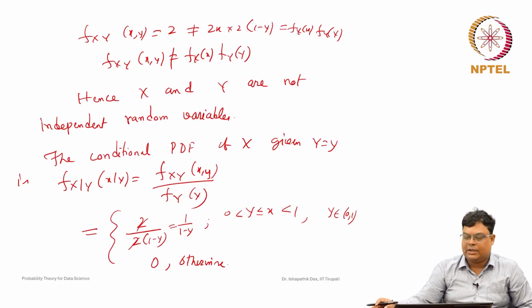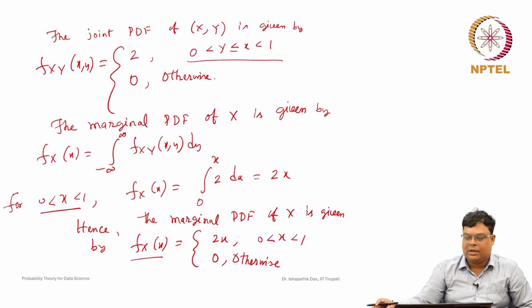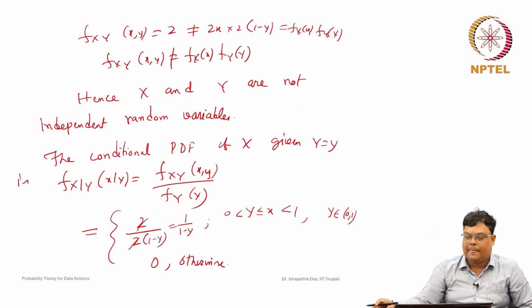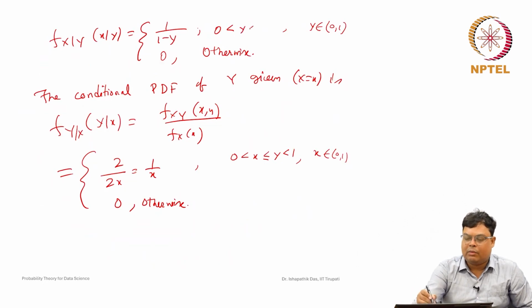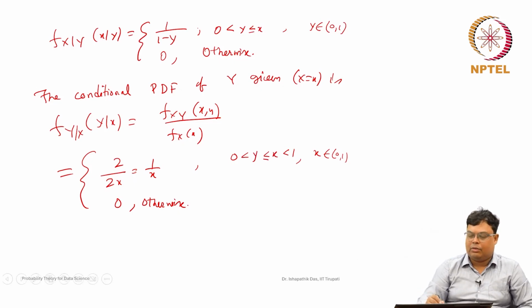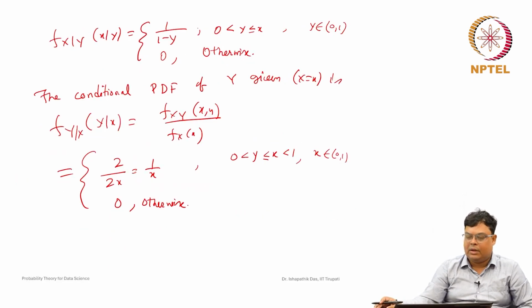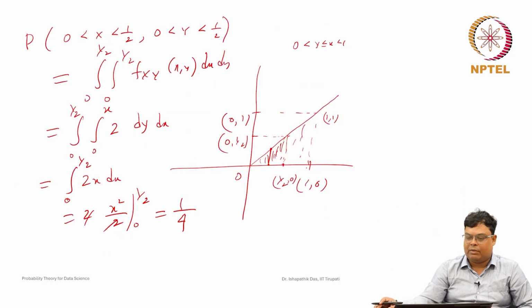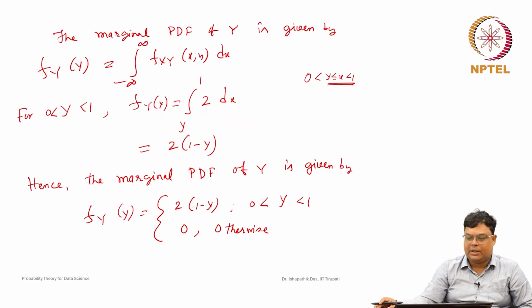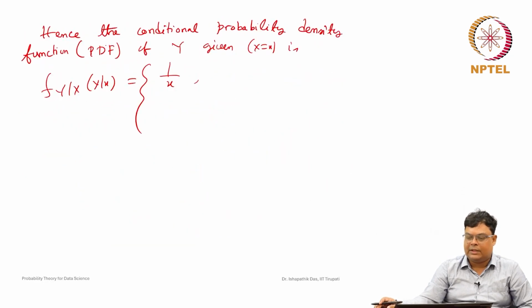It is actually just interchanged x and y: 0 less than y less than or equal to x here, and here this is y, this is x. Wherever it is, the mistake is just an interchange.